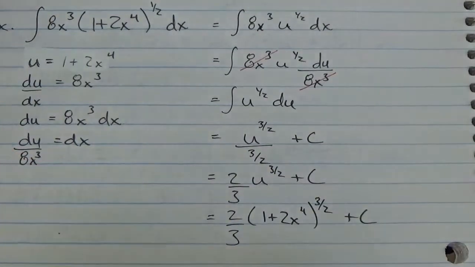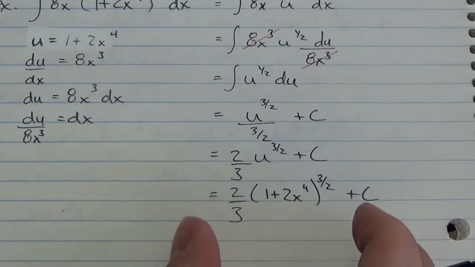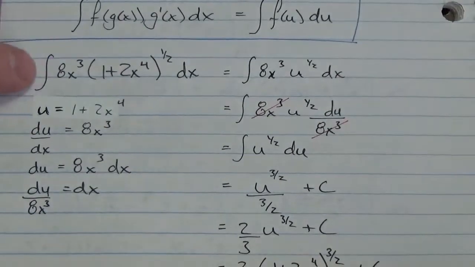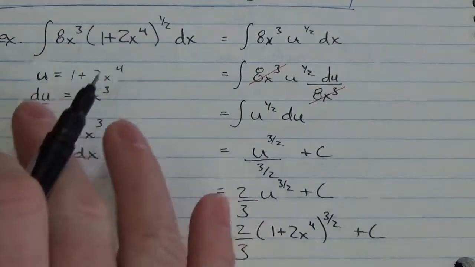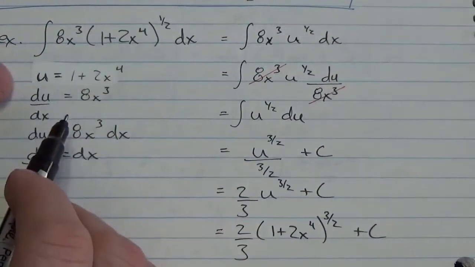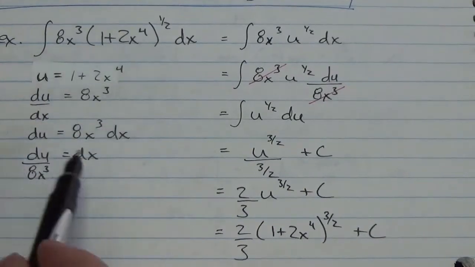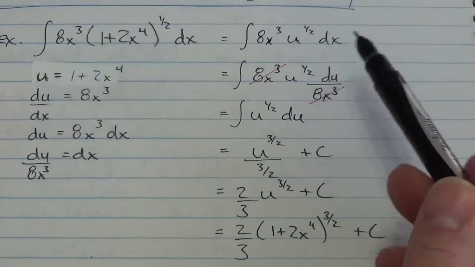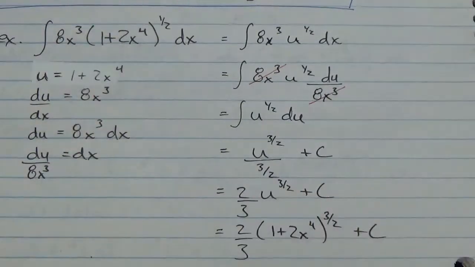So I replace that u, and that right there is the answer to this indefinite integral. By using this dummy variable u, taking the derivative so that I could also replace the differential, that's the pattern that we're going to follow. Now we're going to do a few more examples here.